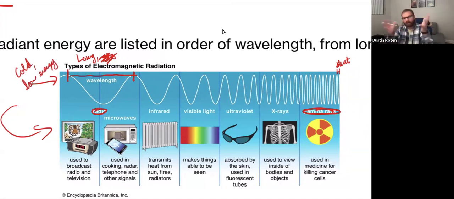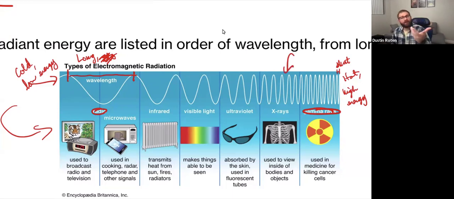Because that's not a lot of jittering in atoms. But then over here, we could have hot, high energy. So this is why when you go get an X-ray, they need a high energy X-ray machine to actually penetrate through your bones, come out the other side, and make the image, right? So this is why you have the high energy here.